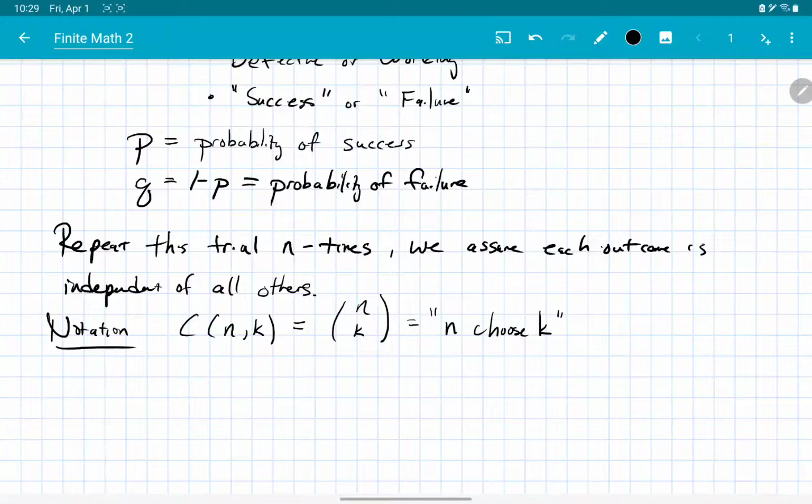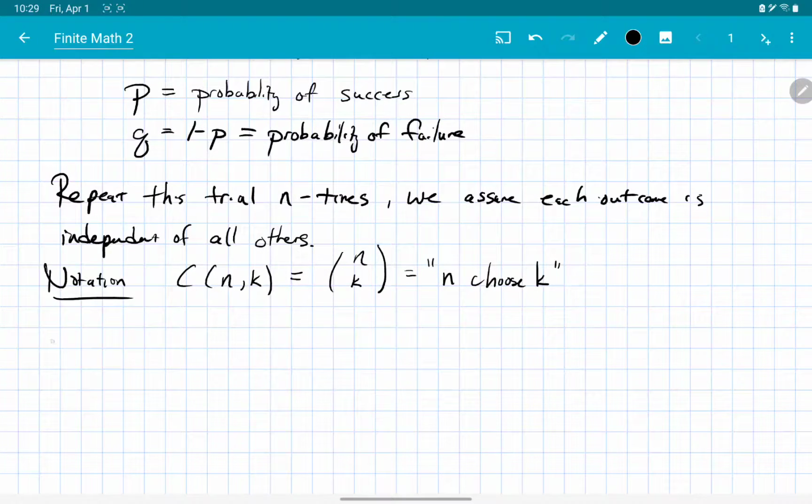So now I'm going to write down the formula that tells you exactly how to figure this out, and then we'll do several examples to see how it works. Okay, so this is the binomial probability formula.